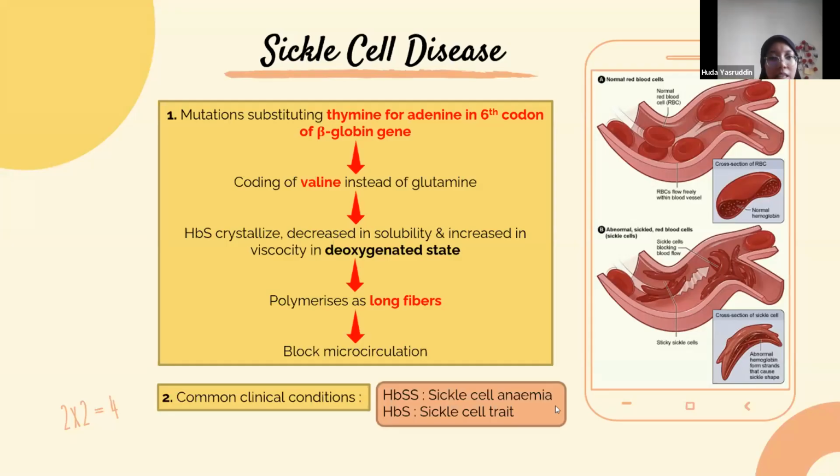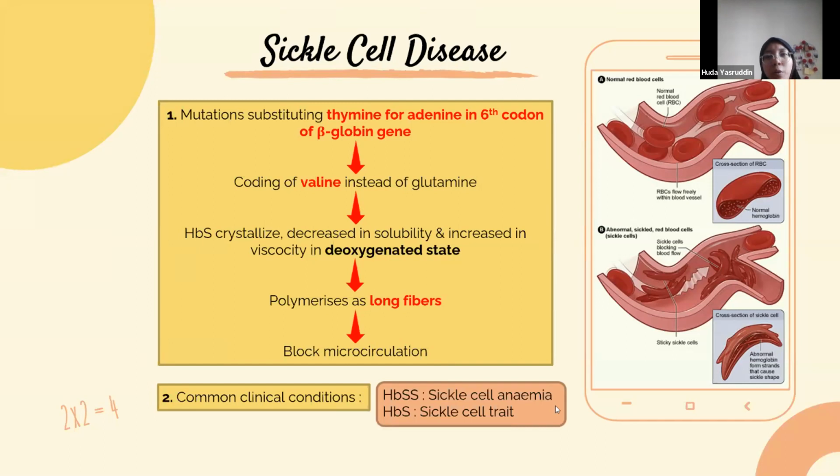Sickle cell disease occurs when there is a mutation that substitutes thymine for adenine in the sixth codon of the beta globin gene, which means from GAG to GTG in that codon. Because of the substitution, instead of coding for glutamic acid, it will code for valine.